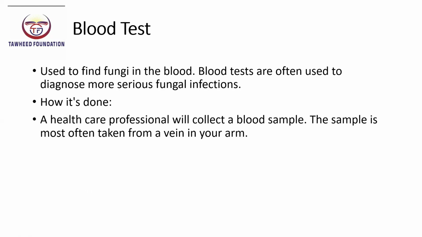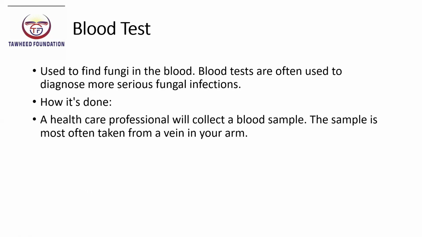Preparation of blood smear. First, collecting the blood sample: the patient's fingertip is cleaned and dried. A small drop of blood is obtained using a sterile lancet or needle. Second, making the thin smear: a clean glass slide is held at a 30 to 45-degree angle to the drop of blood.